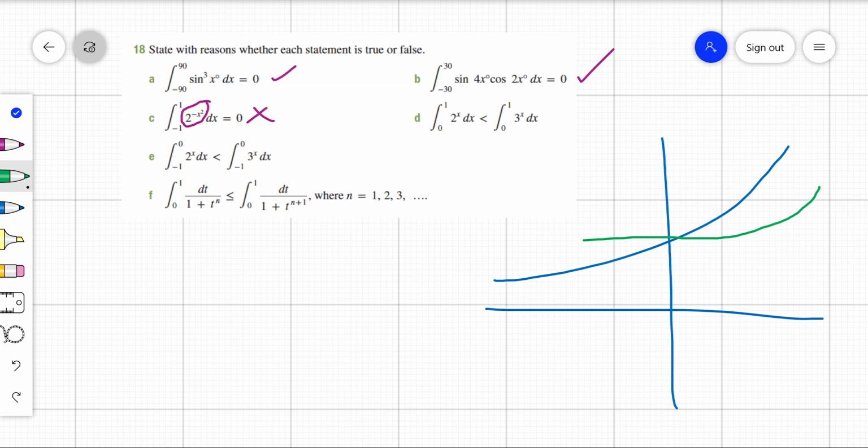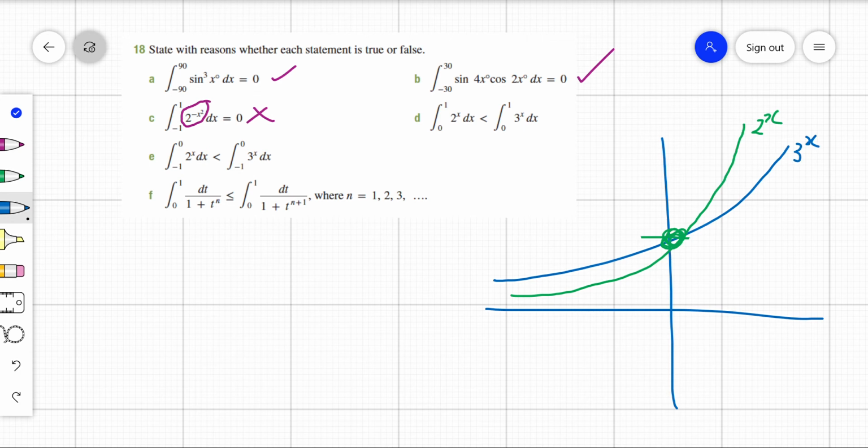Maybe if I do the green one again. Okay, so let's go again. That's probably better if I do it that way. So if the green one is y equals 2 to the power of x, then the blue one would be 3 to the power of x.